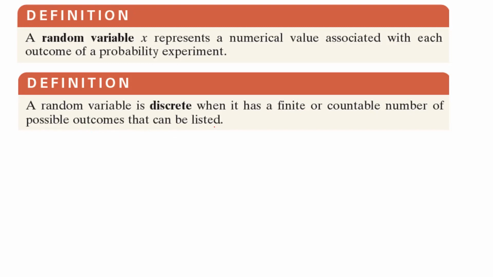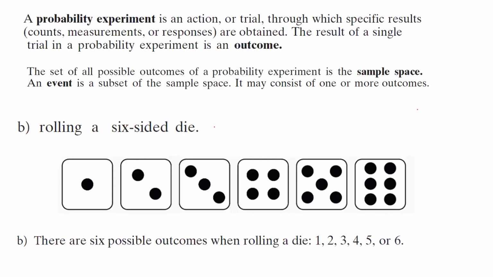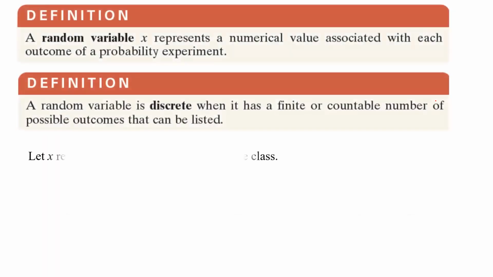For example, if you go back to the previous page and look at rolling a six-sided die, you have 1, 2, 3, 4, 5, and 6. So you can count, right? For example, suppose X represents the number of students in the class.